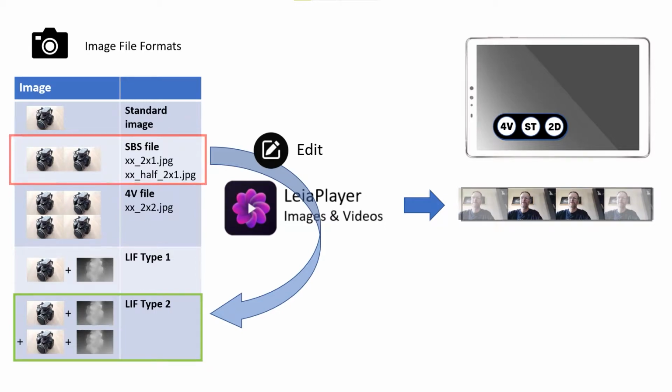And the second type of file is similar to the first type, but in addition to just having one image and one depth map, it has 2 images and 2 depth maps. So you actually have retained in that file your 2 images. It contains 4 images, but only one of those is visible if you were to look at that with a standard application. Again, we'll have a look at that when we get to that.